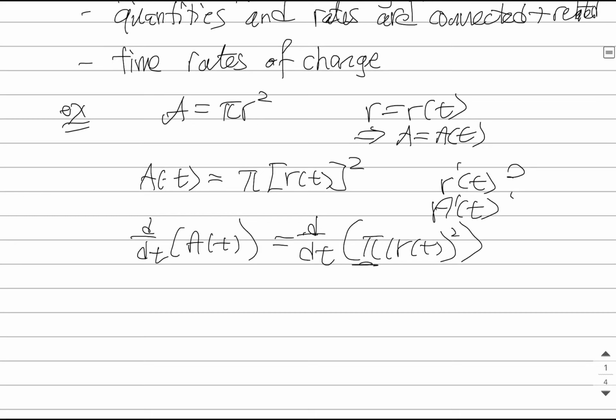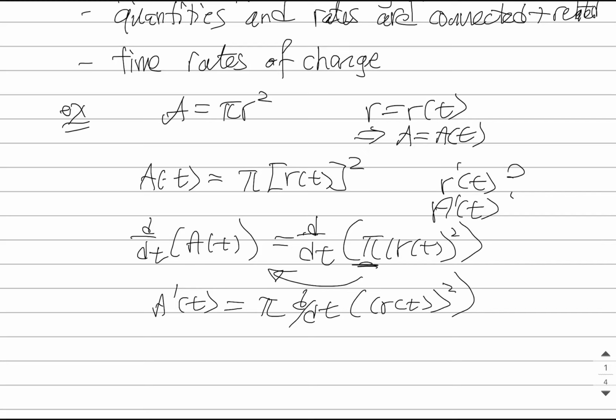Now, this is just an exercise in implicit differentiation. We'll get A prime of t is pi times the derivative of r of t squared. So some stuff squared. And we know from the chain rule that that's going to be 2 times the stuff times the derivative of that stuff.